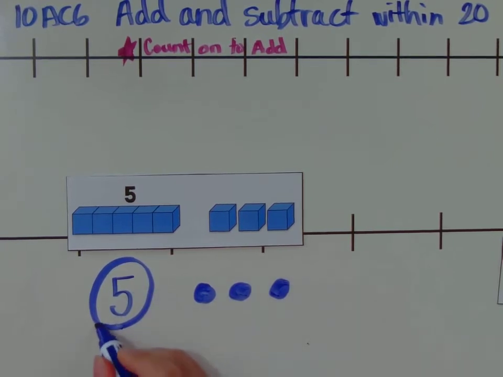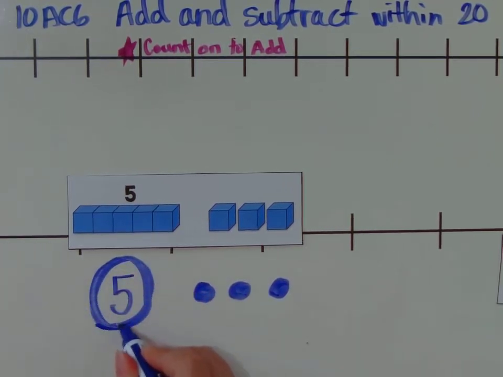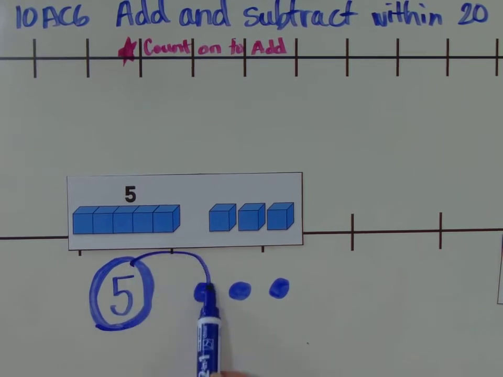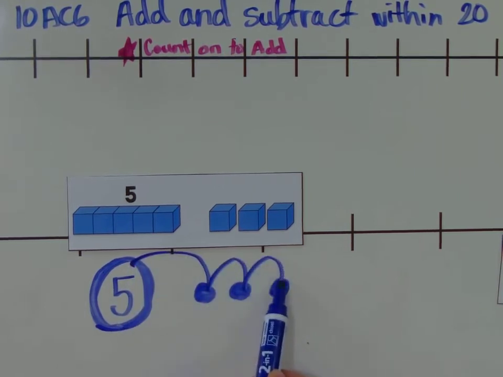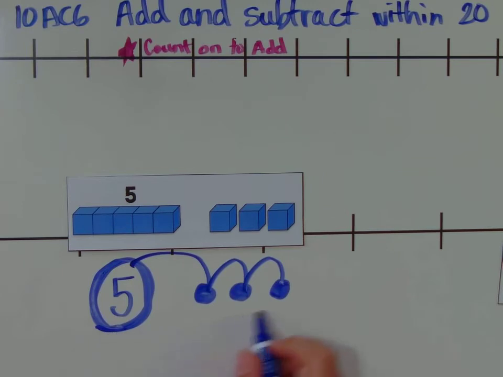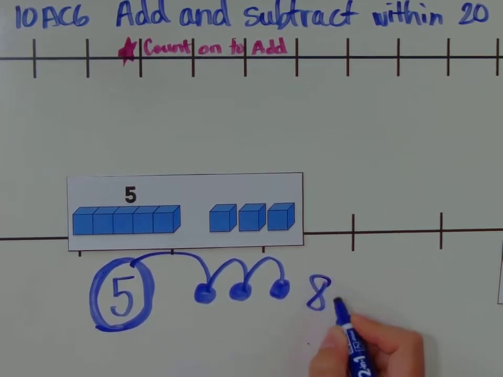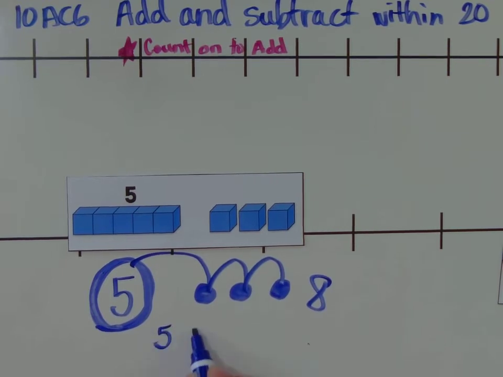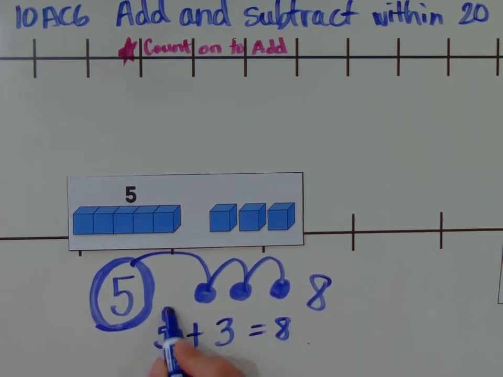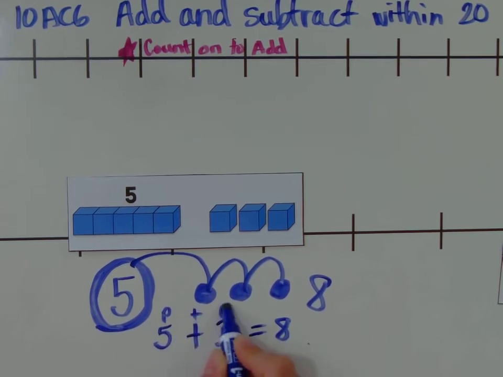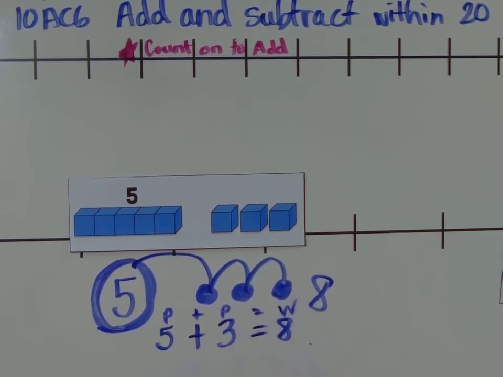So let's circle 5 and say 5. 5, count on. 6, 7, 8. 5 and 3 more gives us a whole or a total of 8. 5 plus 3 equals 8. 5 is a part, plus 3 is a part, equals 8 as the whole or the total.